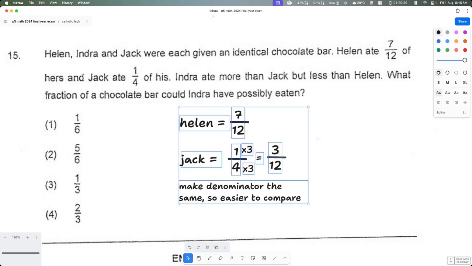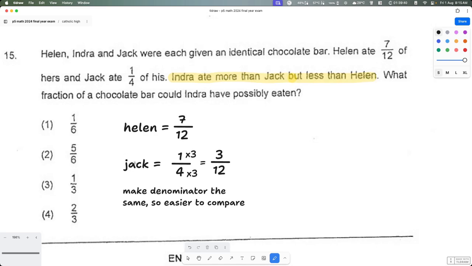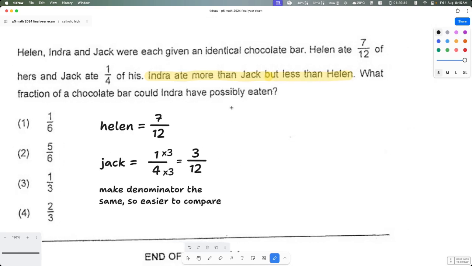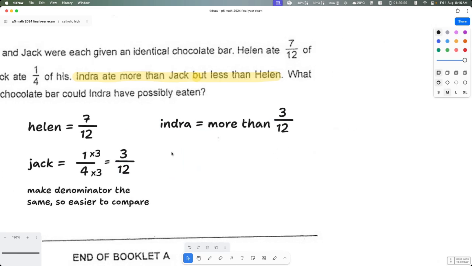Now, it says here Indra eats more than Jack, but less than Helen. So Indra eats more than Jack and less than Helen. That means for Indra, he is more than 3 out of 12, but also less than 7 out of 12.